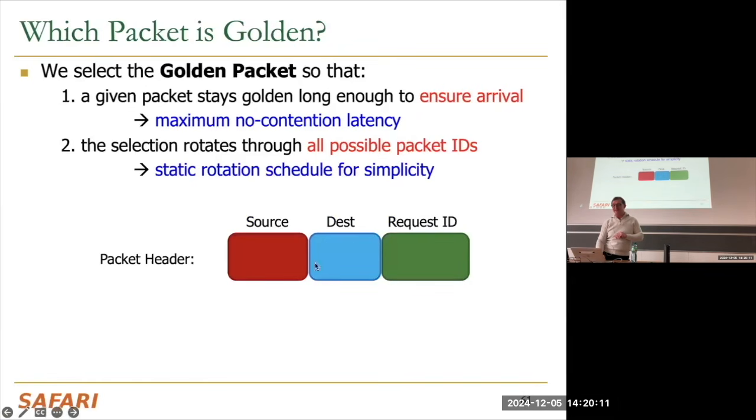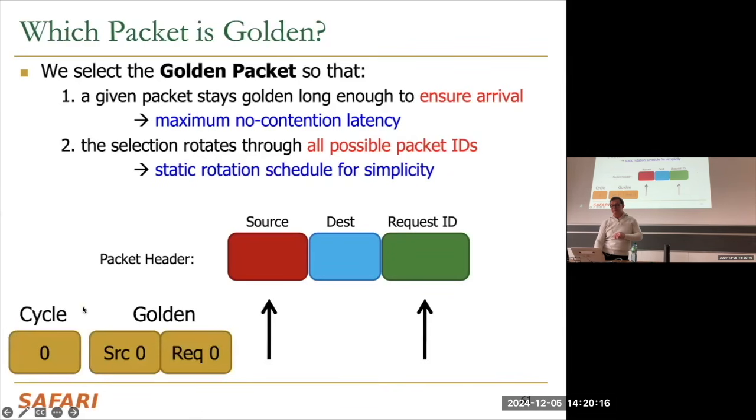So you have a packet header: source, destination, and request ID. For example, starting from cycle 0, a potential request is the one injected by source 0 that occupies request slot 0.